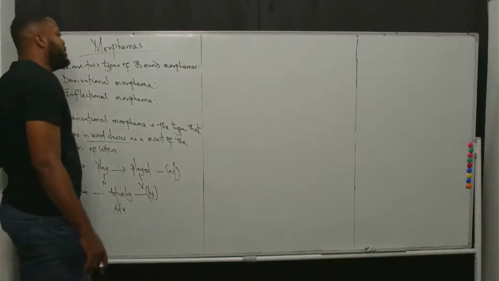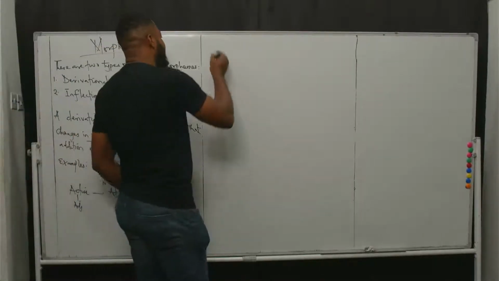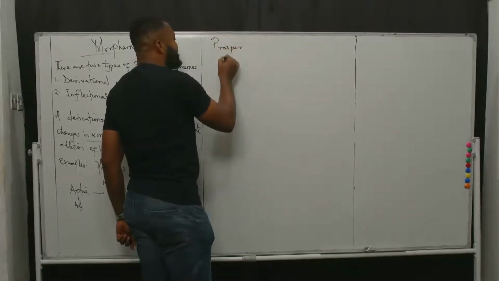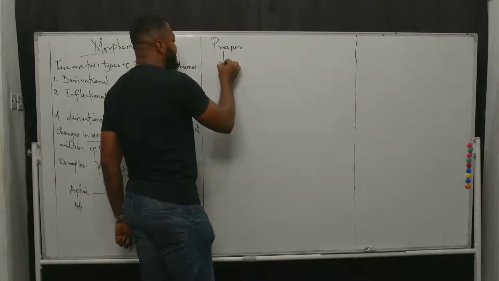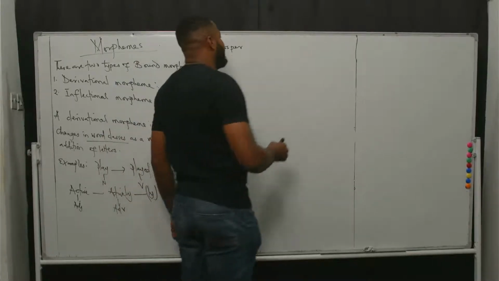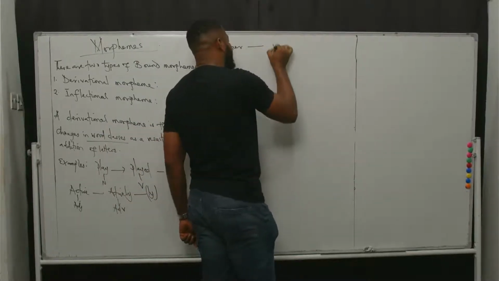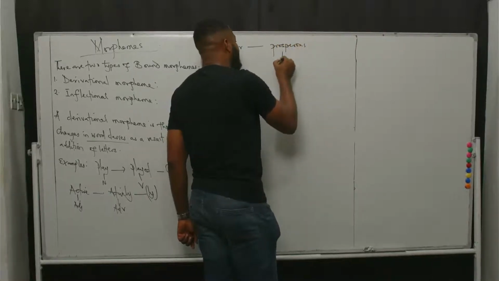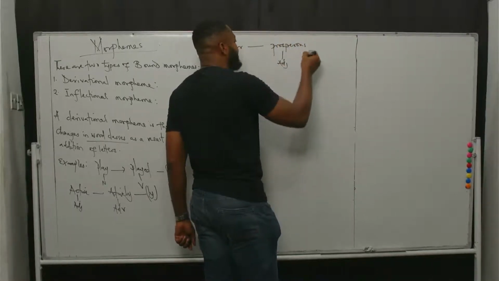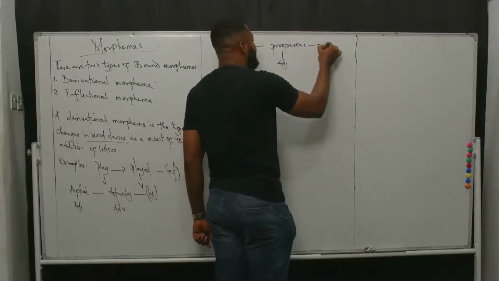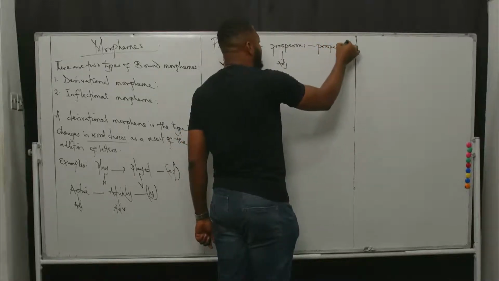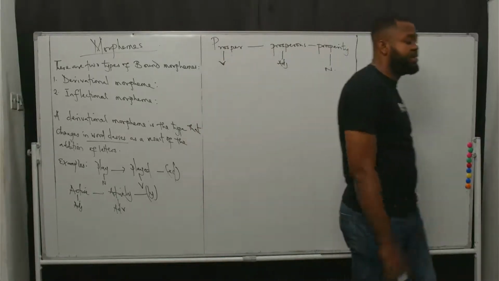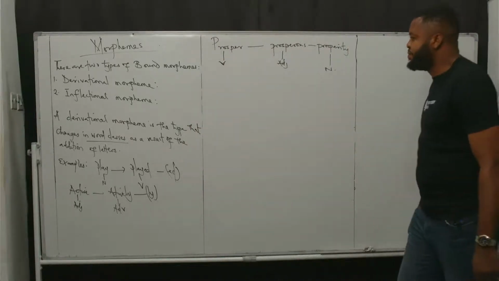We can have other words. Prosper, which is a verb. Okay. Prosperous, which is an adjective. Prosperity, can you see? Which is a noun. So take a look at this. What happens?